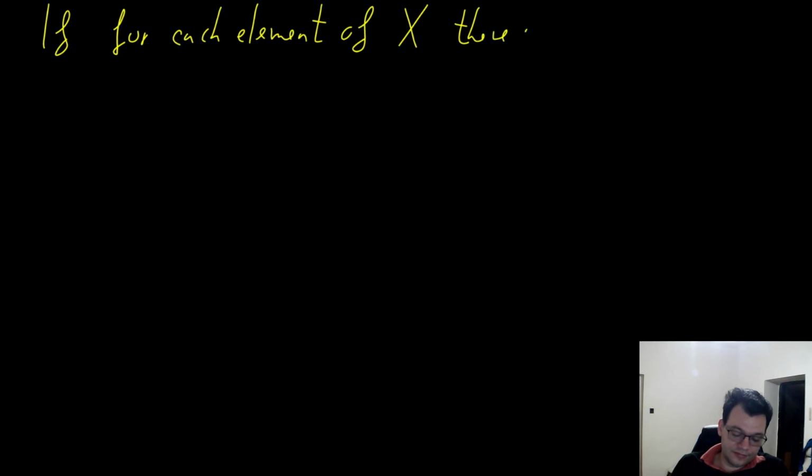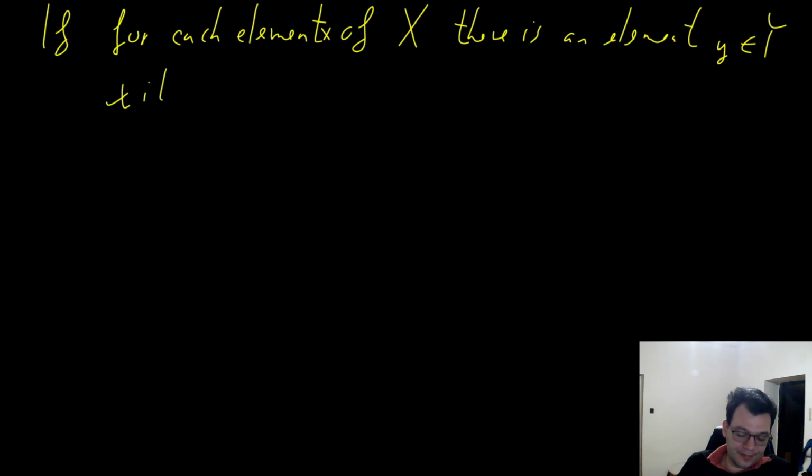So another statement is that if for each element x of X there is an element y in some other set Y, with x being smaller than or equal to y.